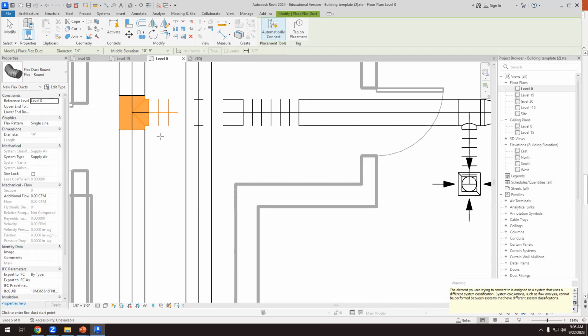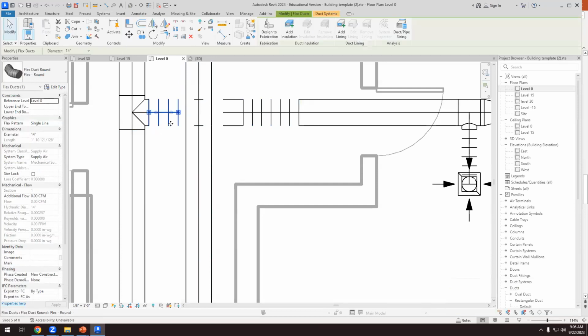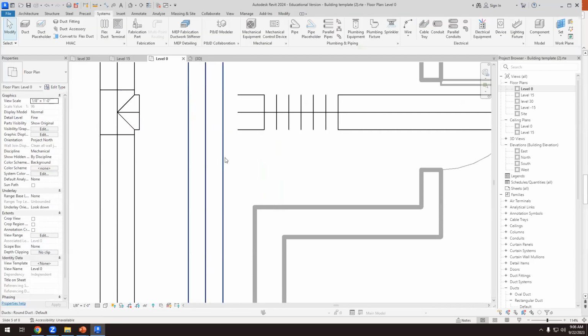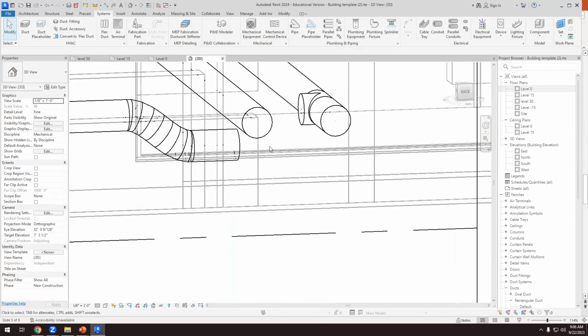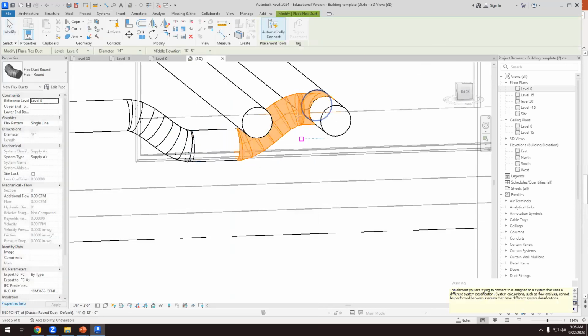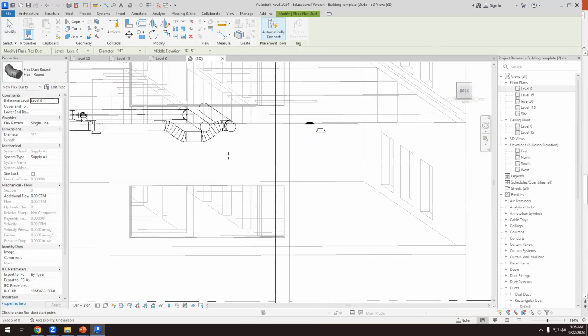So I have to move it here, and now the flex duct will work. So what is this minimum distance? It depends on the size of the duct. If it's small, this distance is shorter. If it's too big, then this distance has to be wider. So this doesn't work. I'm going to move this here. And now let's see if I can connect it with the flex duct.